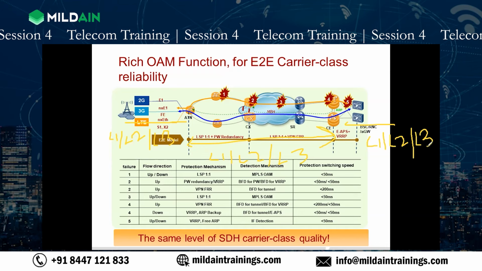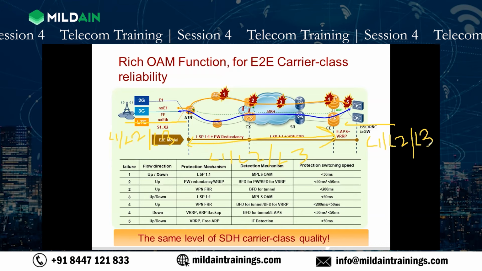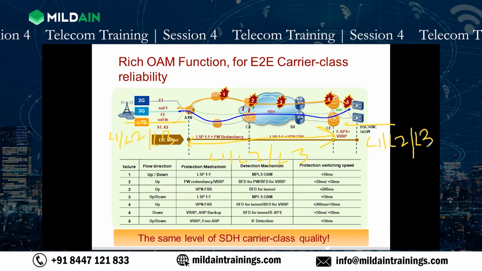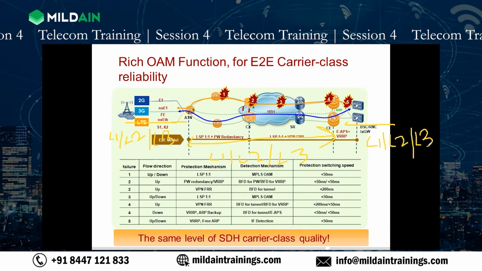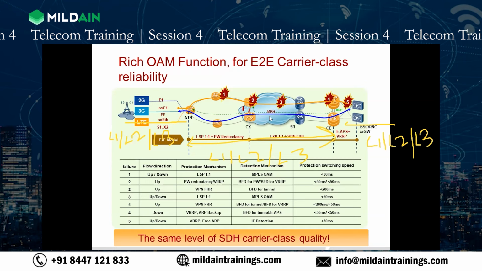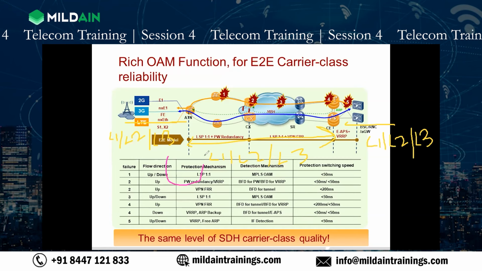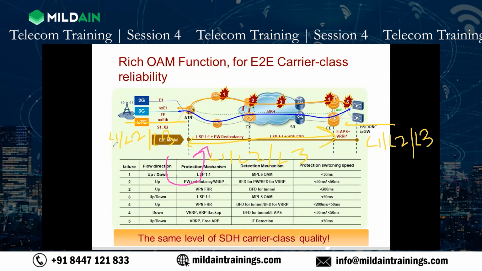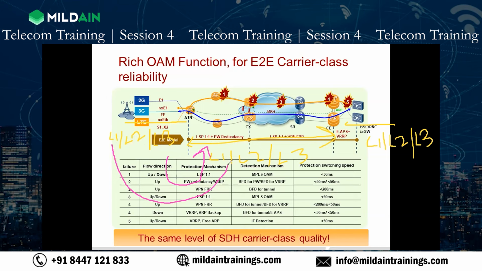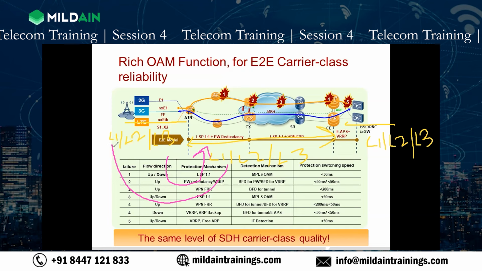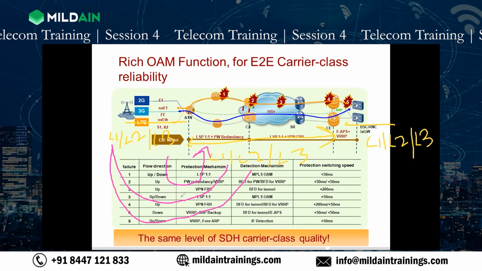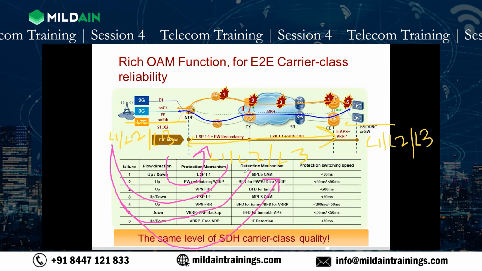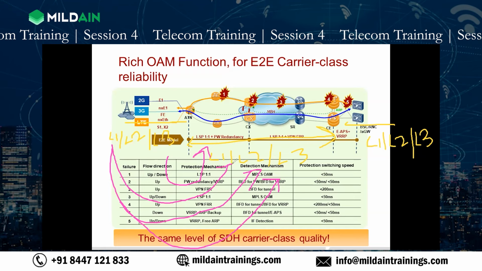Any combination: L1 can carry over L2, L1 can carry over L1, L1 can carry over L3. Once I come from here to here, I can go with any one. If one has an issue, immediately the other one takes over, whichever is available.